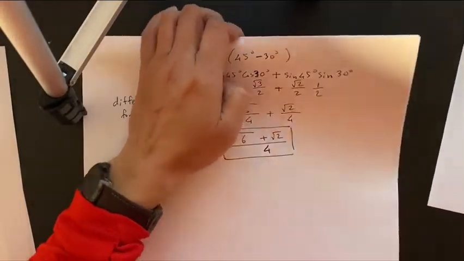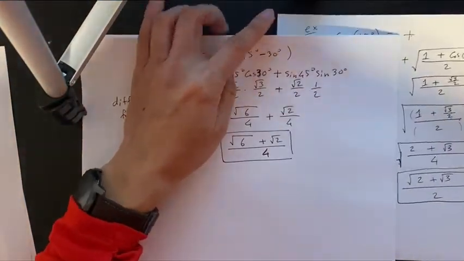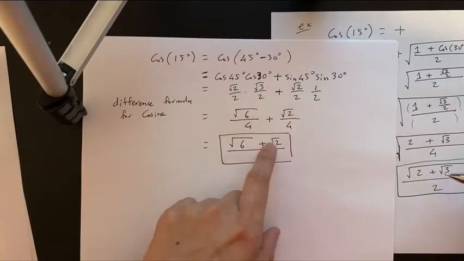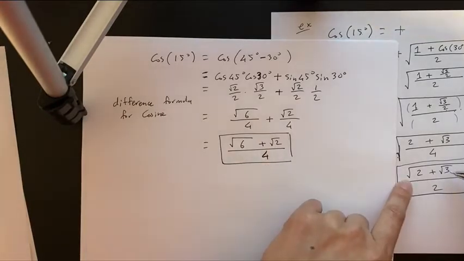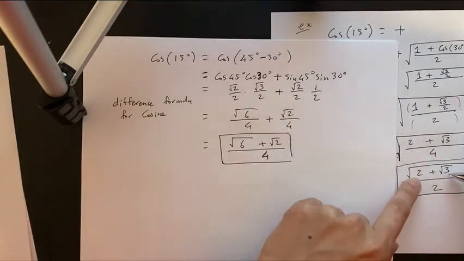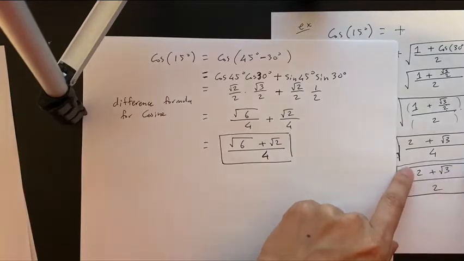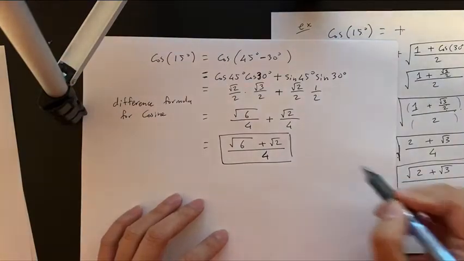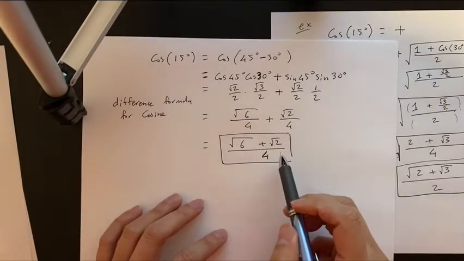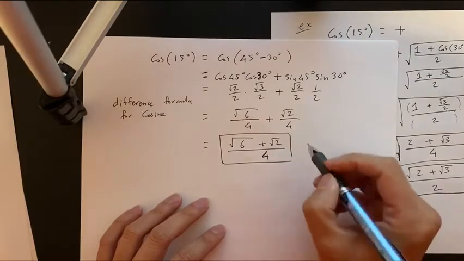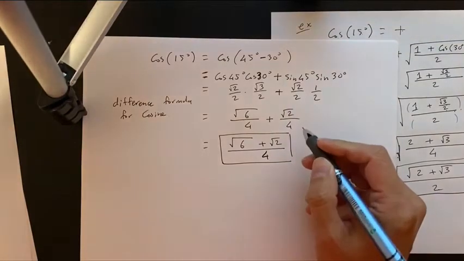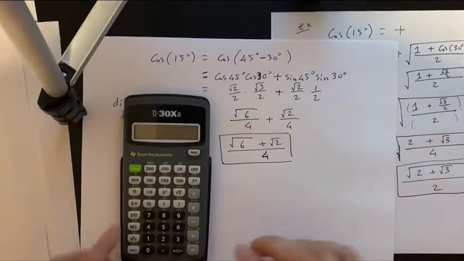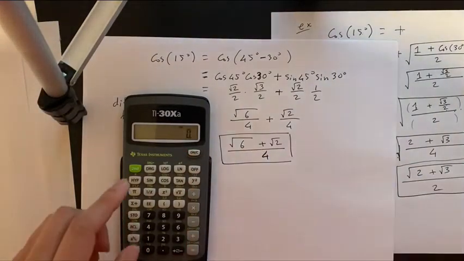Let's see. And they look very different. So one of them is root 6 plus root 2 over 4. The other guy is square root of 2 plus root 3, all underneath the square root, and that's all divided by 2. And if you evaluate both of these radical expressions, you get the same decimal value. So let me just show you what that should be.